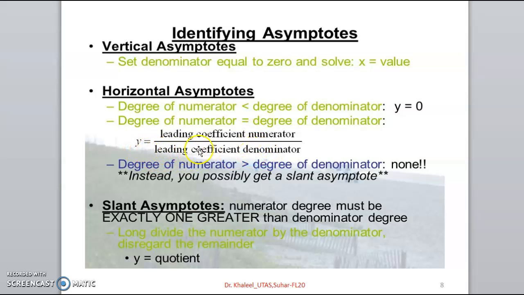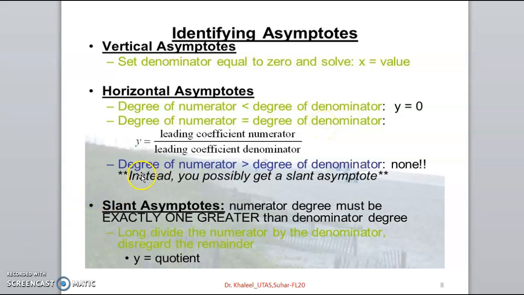So y is equal to that is the horizontal asymptote. Please remember, vertical means x is equal to a number, horizontal means y is equal to 0 or y is equal to any number. The horizontal asymptote exists when the degree of the numerator is less than or equal to the degree of the denominator.